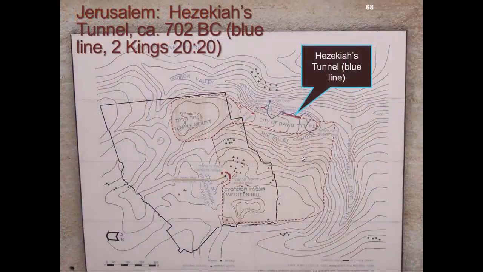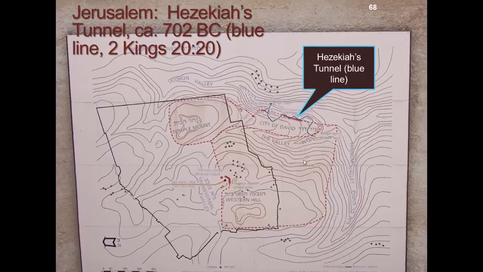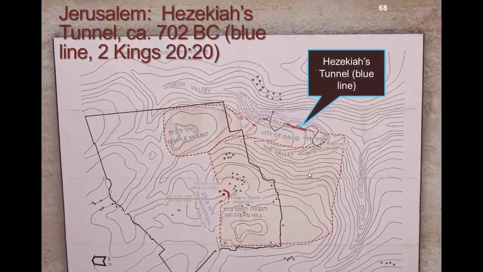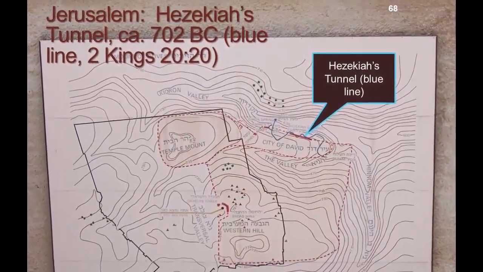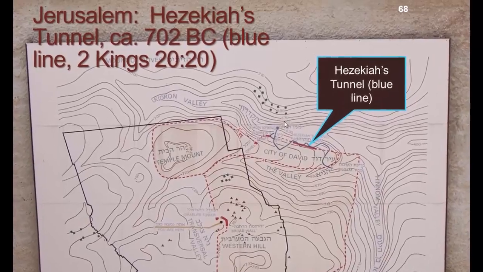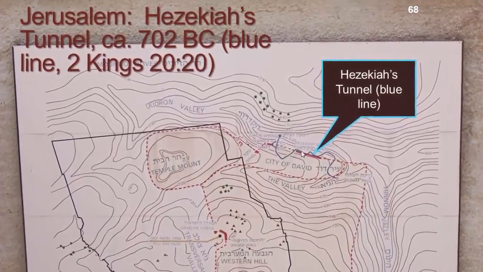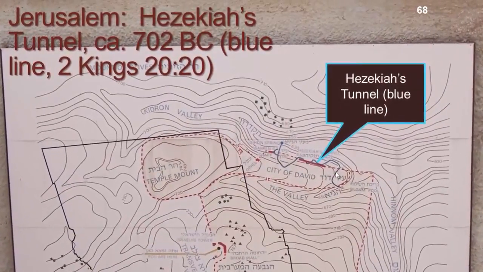Looking at that same map that was posted outside the Hezekiah's wall, we can now turn our attention to the top of the picture, and this blue line, serpentine fashion, traces the pathway of Hezekiah's tunnel. This was designed in order to bring water from Gihon Spring inside the city wall so that in the case of siege they would have a reliable source of water.